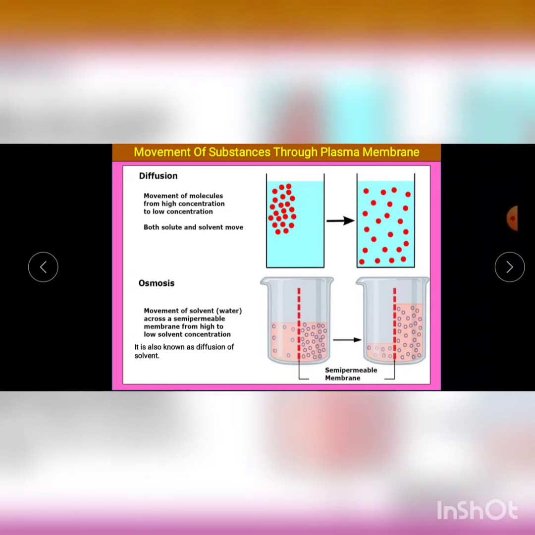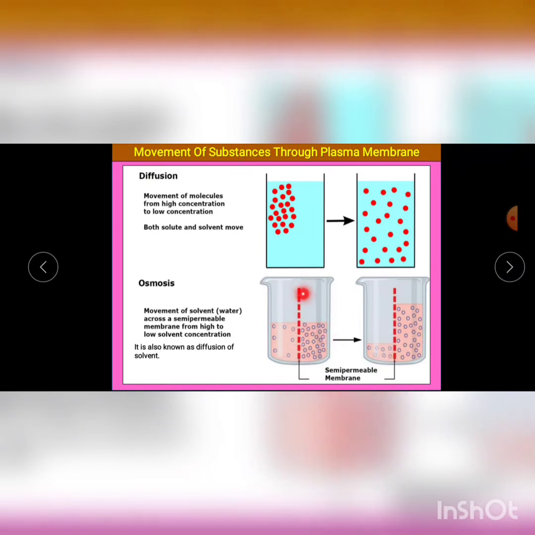Here you see this red dotted line. This red dotted line is a semi-permeable membrane. Semi-permeable because it allows certain things to move, and mainly water can move through it. And here we have this orangish color as water, and we have some solute dissolved here.